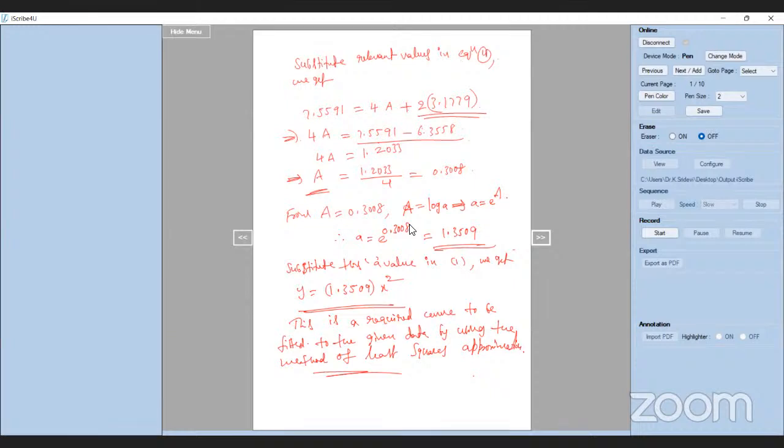Now, in your book, see page number 99 and do the example according to this one. The same problem is there, follow it.